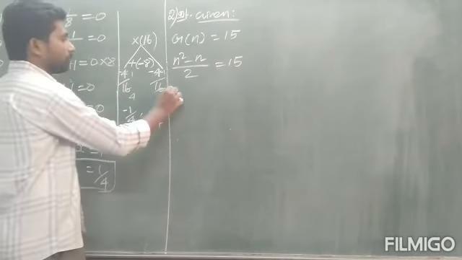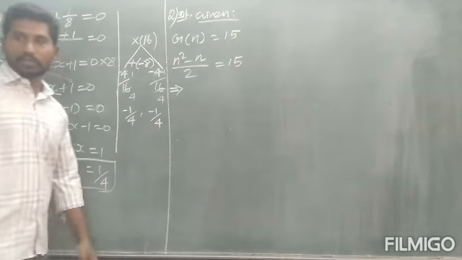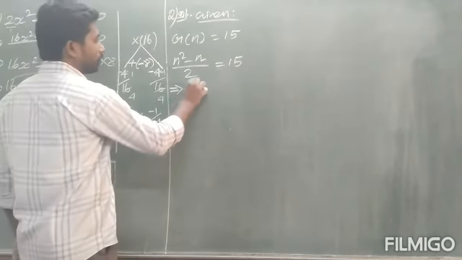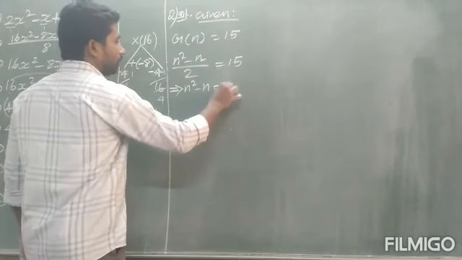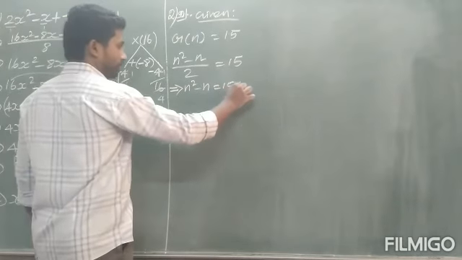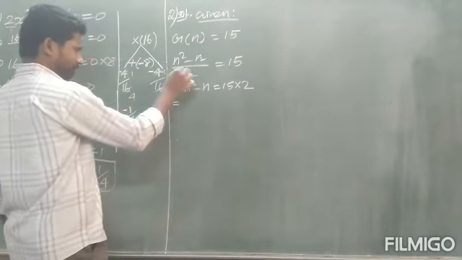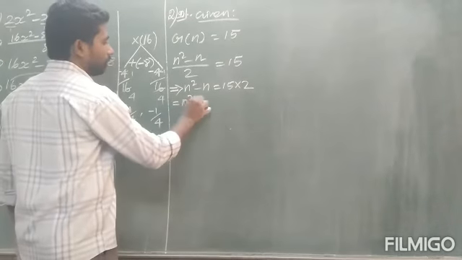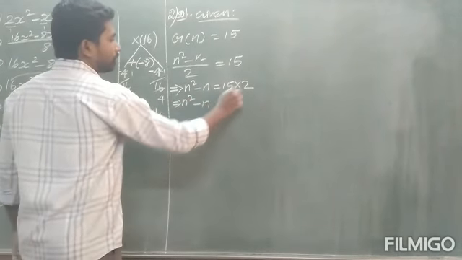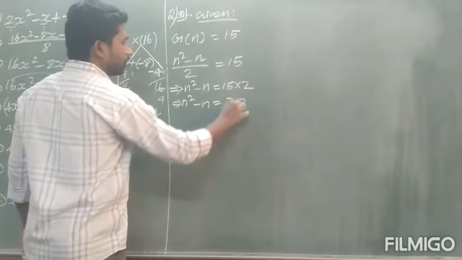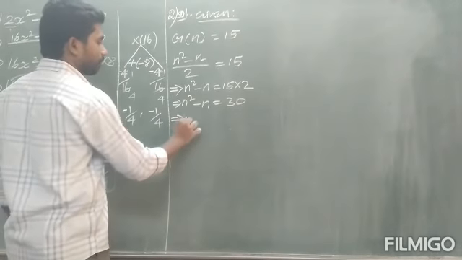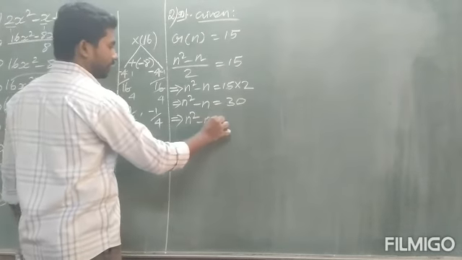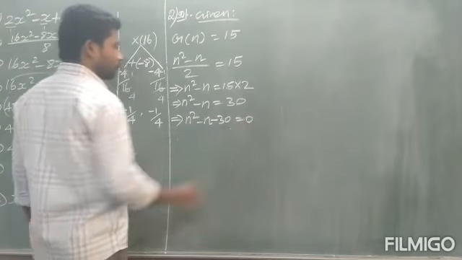So now it is in the form of a quadratic equation. First we have to convert it to a quadratic equation. So n square minus n is equal to 50. The denominator 2 goes to the right hand side, it will be multiplication. So we get the equation equal to 0.